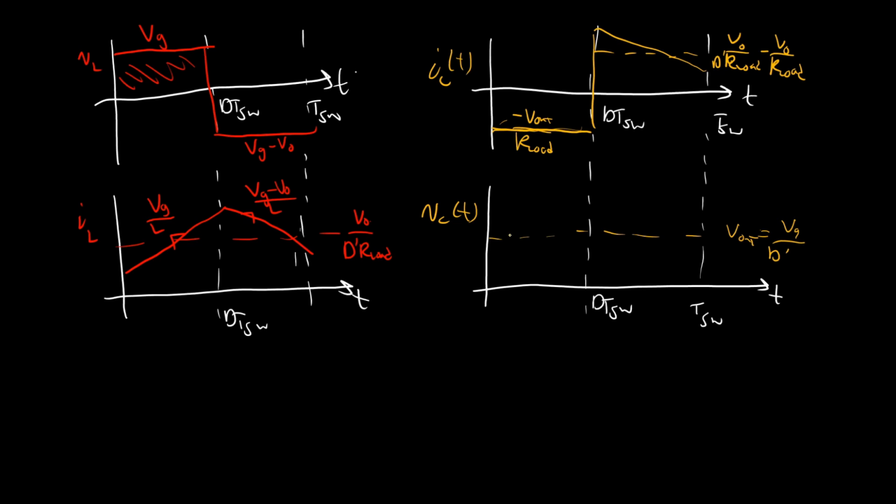Here, in the first subinterval, the output voltage is decreasing with the slope of V out over R load C. And here, it's initially increasing with some slope, and then that slope decreases over time. So it's quadratic, because this is a linear function, and when we integrate a linear function, we get some kind of quadratic. So we're approximating this as a quadratic with this concavity, or convexity, whatever you want to say. So it's sloping like this.